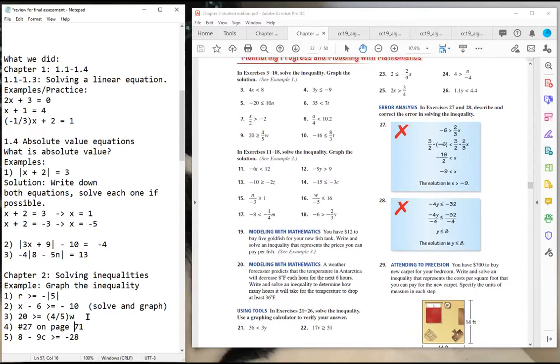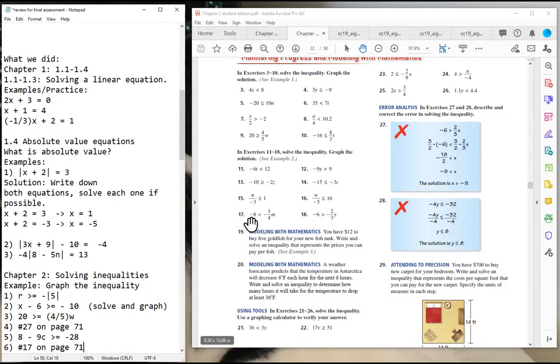So for instance, if you look at number 17 on page 71, I would solve this by multiplying both sides by -4, canceling out the -1/4.